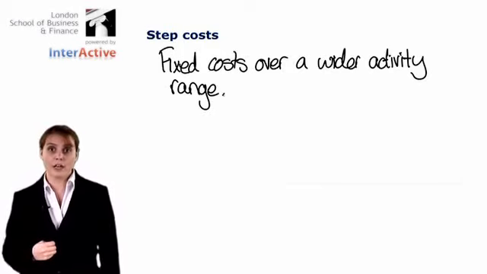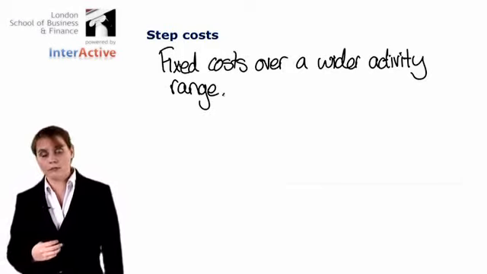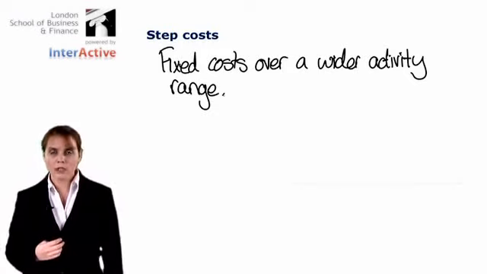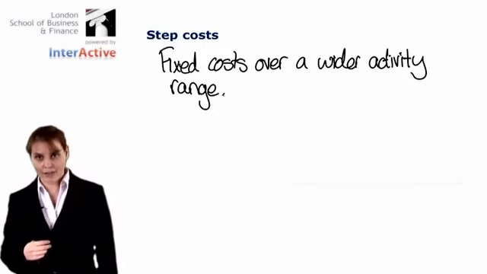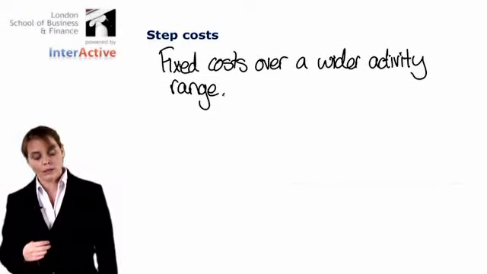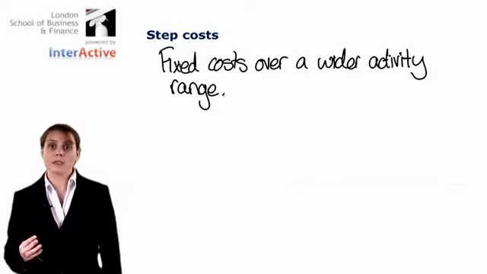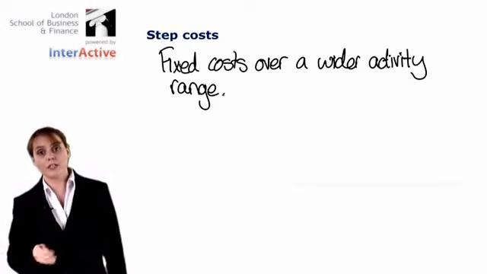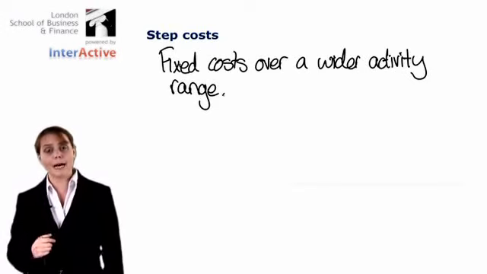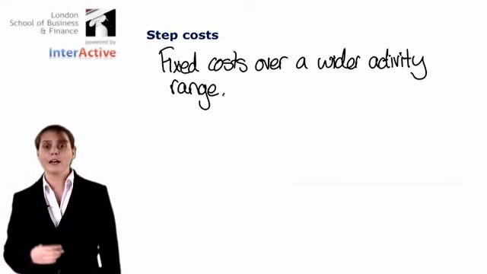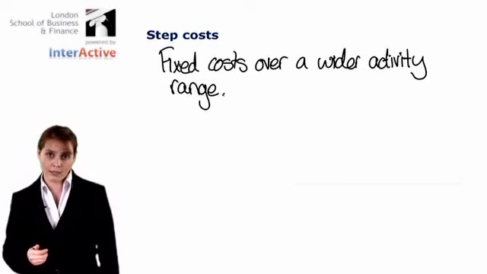We're going to have to either move to a bigger factory, extend the existing one, or rent a second factory as well. That means our rent cost will increase when our level of activity goes above the factory capacity, when it goes above 1,000 units per day.